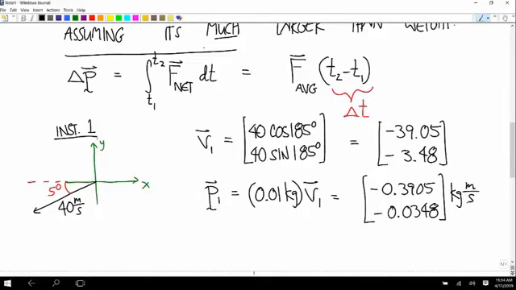It's 0.1 mass, thank you. So this is negative 3.905 and negative 0.348.